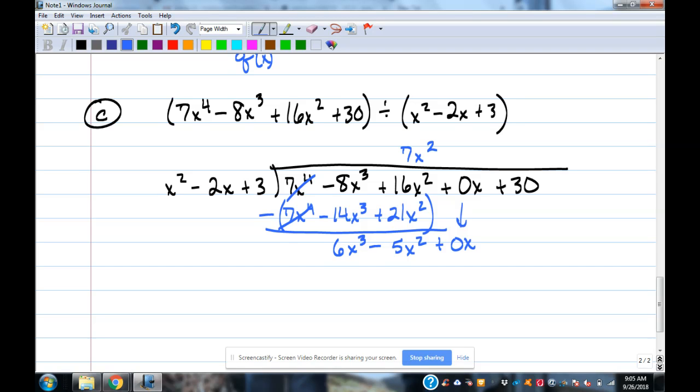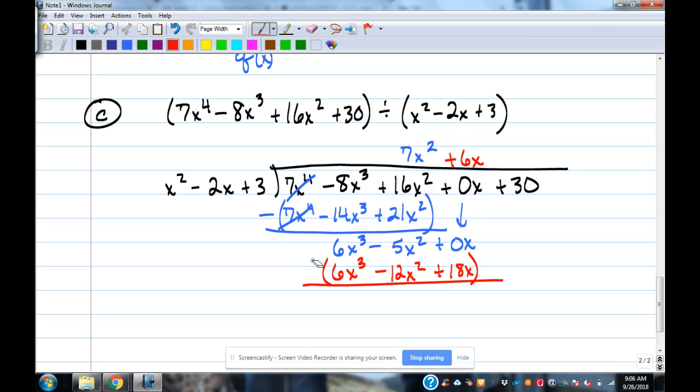What's the next step for this? What times that gives me this? 6x. Positive 6x or negative 6x? Positive. Then distribute. And, parentheses, subtract.